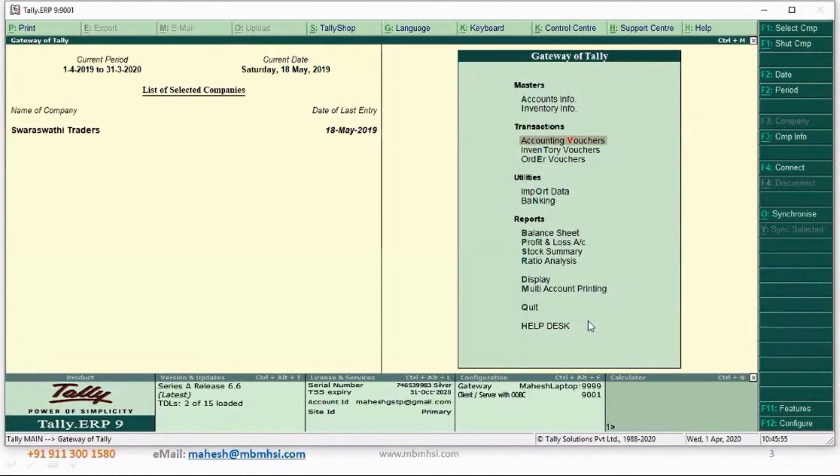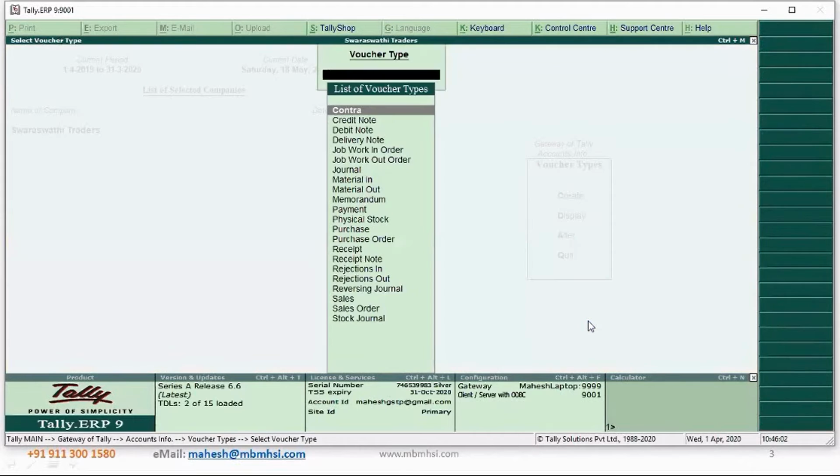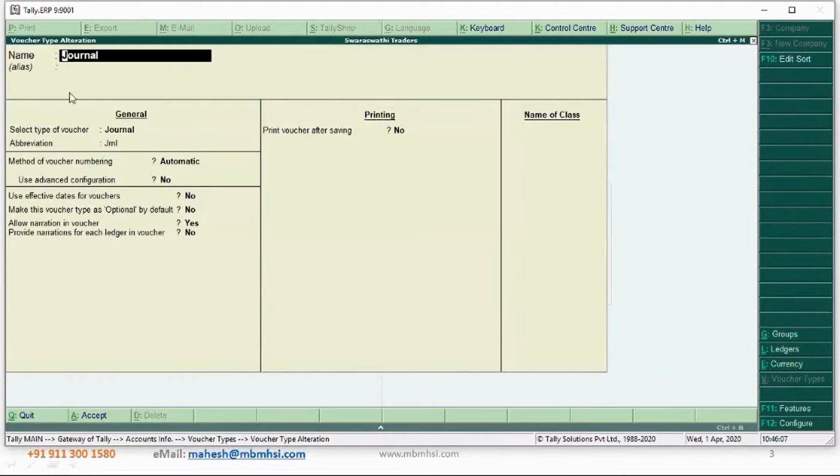So to do that, let us first go to Accounts Info, Voucher Types, Alter, and just go to Journal. Once you go to this journal voucher type, here you have to create one new class. For example, I'll say foreign exchange or currency adjustment.